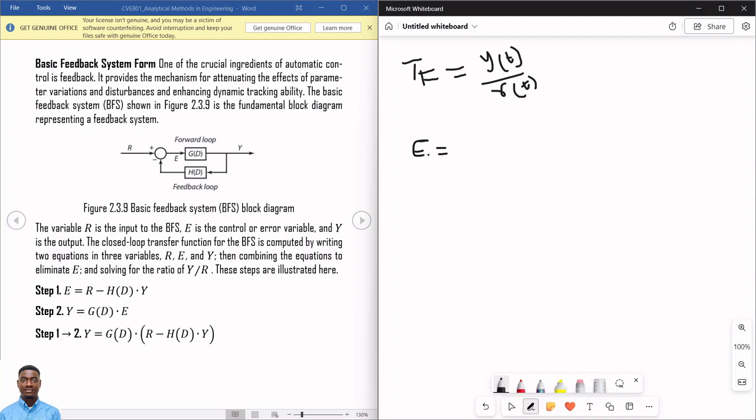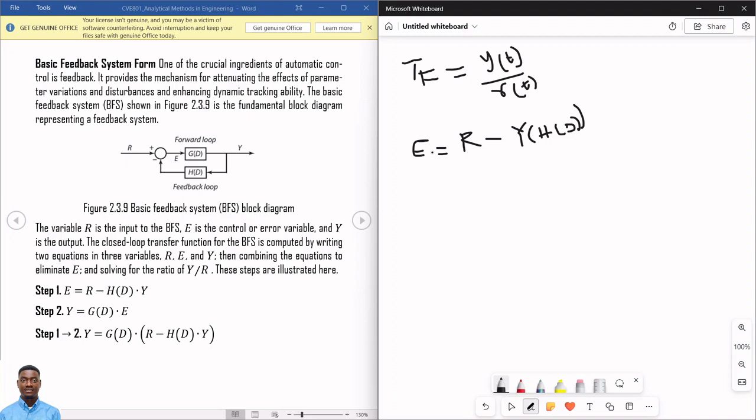So that will be R minus Y H D in brackets gives E. So that will be Y, capital Y here, into H into D.